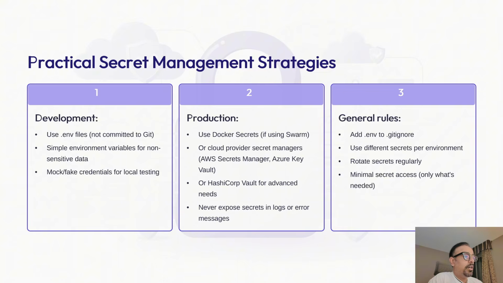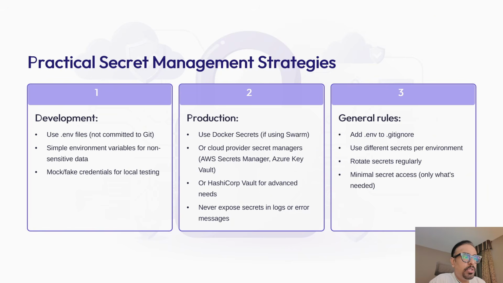So now, let's talk about practical strategies for managing secrets in real projects. Now we have moved one step ahead of .env, because many times that .env can also leak the data. For development, .env files work great. So whatever I have shown you for .env is good for development. Each developer has their own .env file with development credentials, and the file is listed in .gitignore, so it is never committed to Git.